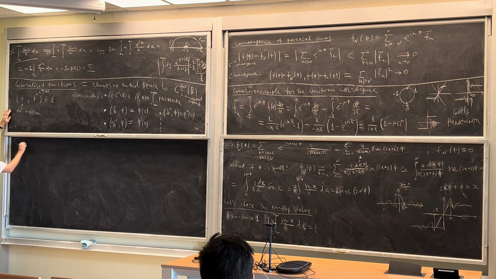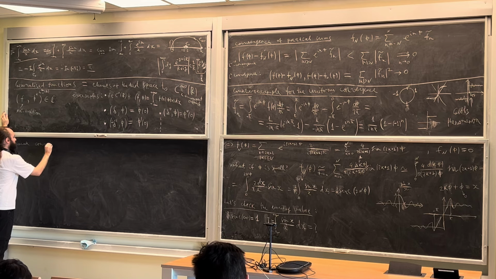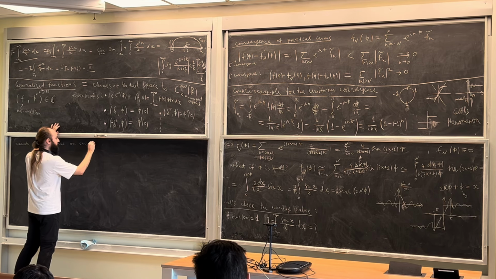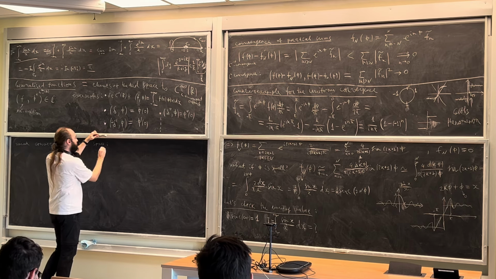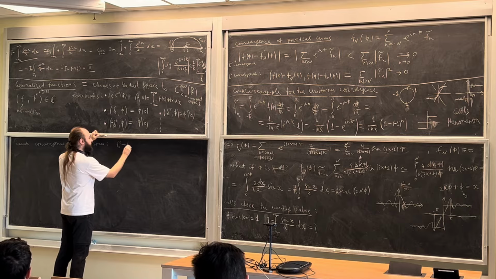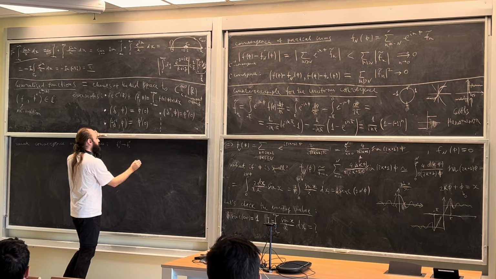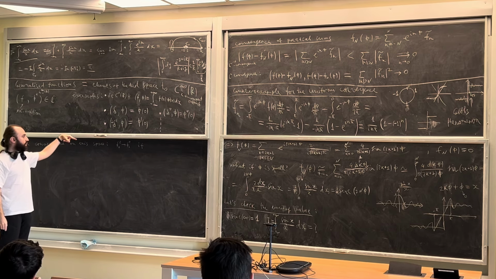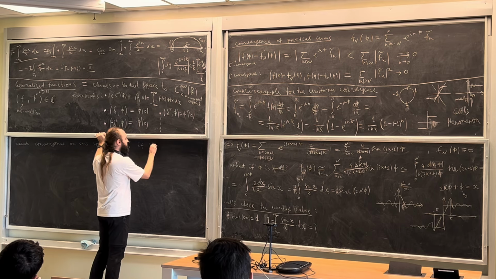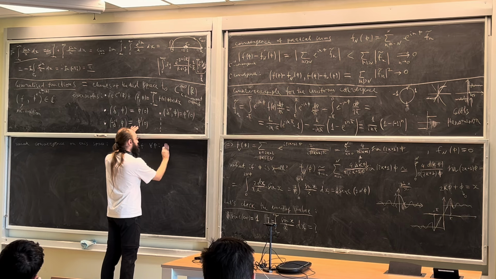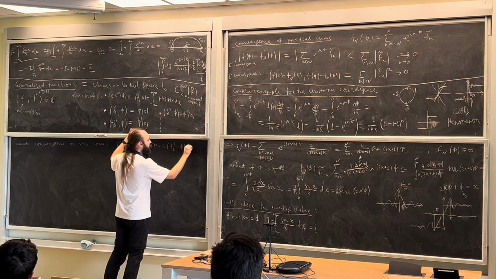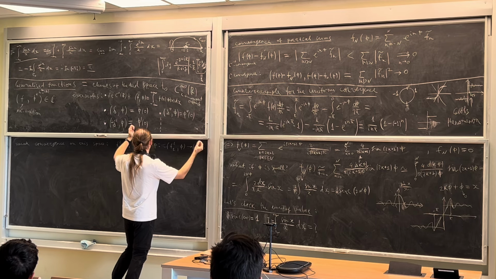And we can define weak convergence. So we can say that f epsilon converges to f 0 if for any phi, a test function from this nice set, the pairing of f epsilon with phi converges to the pairing of f 0 with phi.